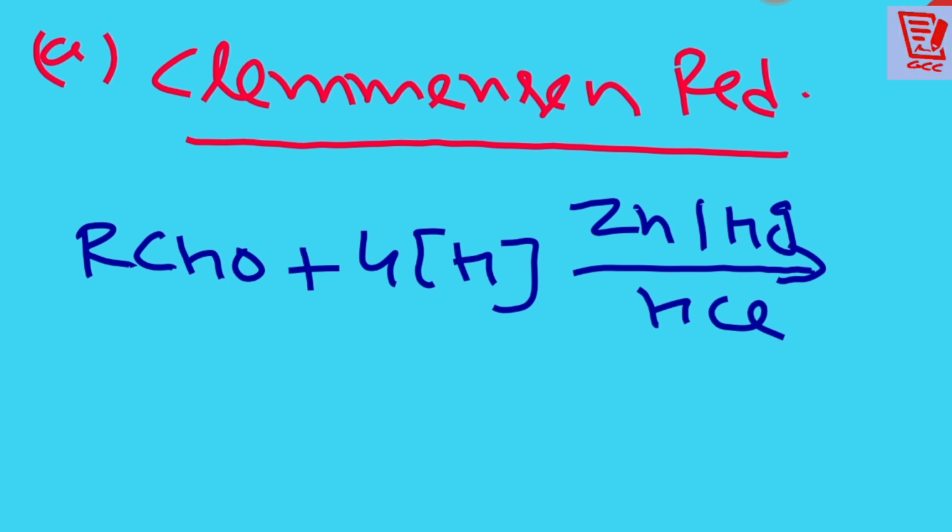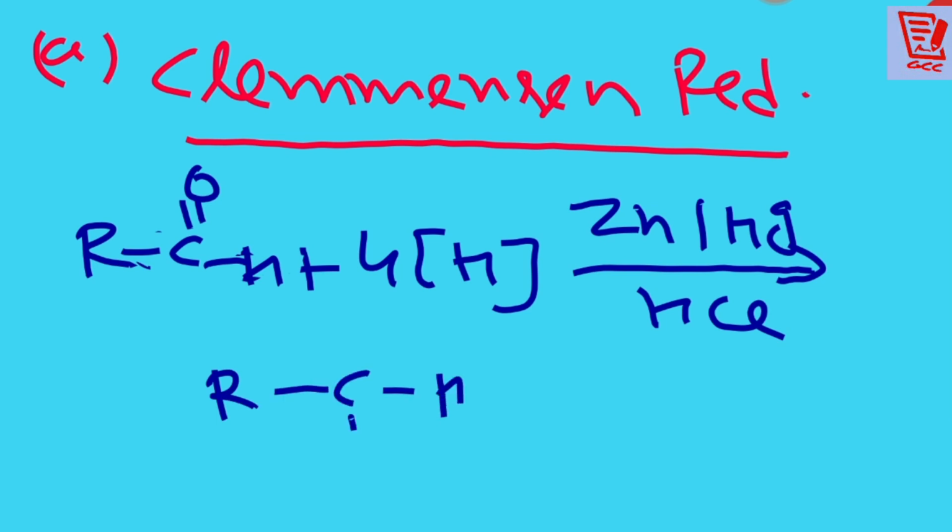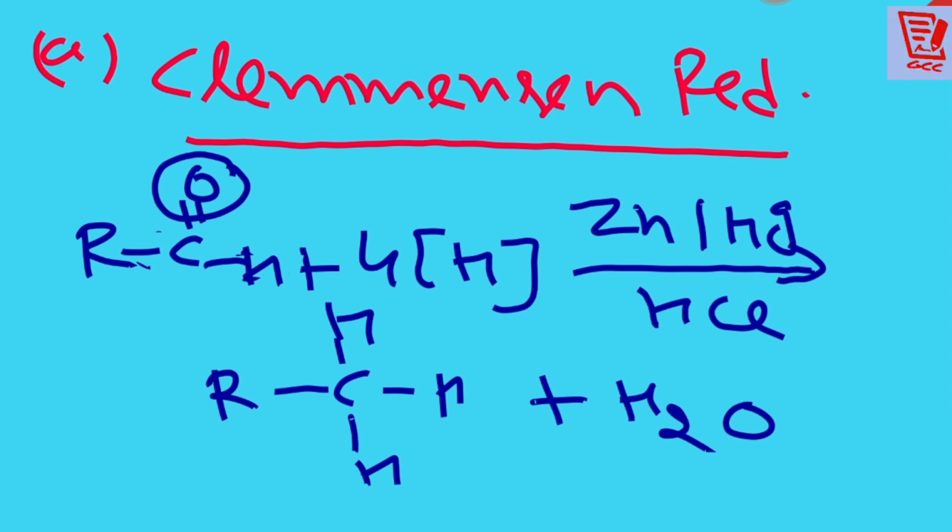What we get is RCH3 plus H2. We are getting the alkane over here. The CO group has been removed. At the place of the CO group, 2 hydrogens came.